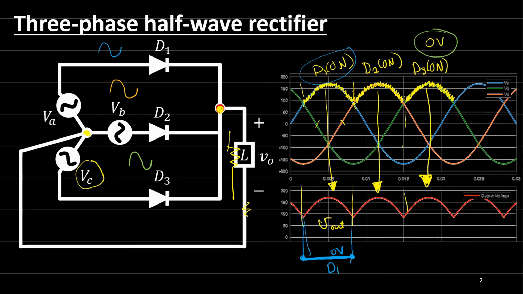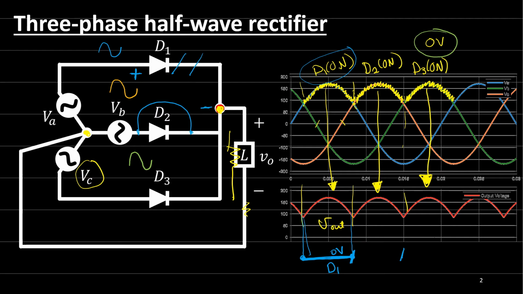Now from this period to this period, during this period, from this point to this point, how much is the voltage on diode 1? You'll find that here diode 2 is on, means conducting, and diode 1 is open circuit. So the voltage across diode 1 is the voltage from here to here, from this point to this point, right?